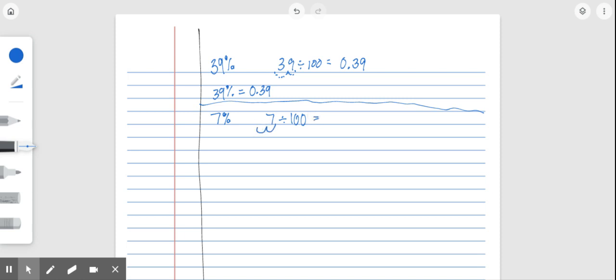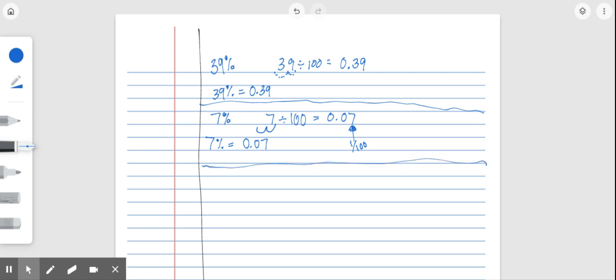So this is actually going to become 0.07 because I moved it to that spot. And then if we think about our place value, remember this 7 is in the 100ths place, which makes this 7/100ths, which is exactly what 7% is. So 7% is the same as 0.07. Okay.